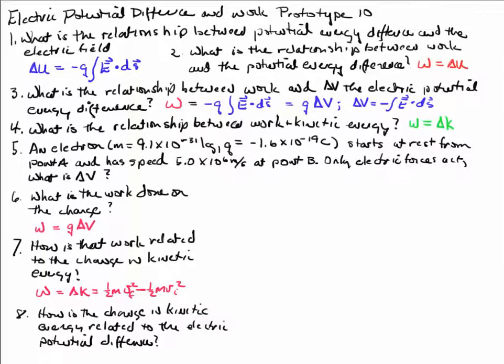How is the change in kinetic energy related to the electric potential difference? And of course, we can write that the change in kinetic energy, which is the work, which we identified in 6, is equal to 1/2 mv final squared minus 1/2 mv initial squared, will be equal to the charge times the electric potential difference.